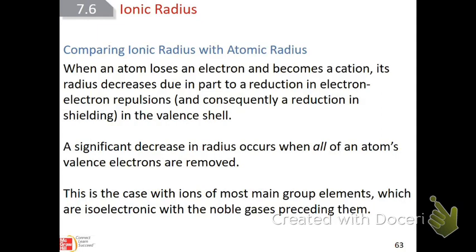So if you have sodium and it has one electron out there in an energy level, it is creating that energy level as it's moving. If you take away that electron, there is no path for it. It's not making itself an energy level. So if you take away that electron, there's no energy level, and so it's way smaller.